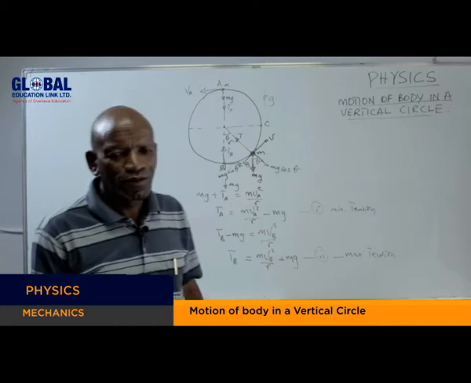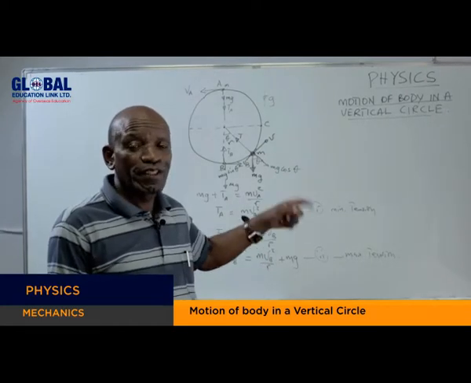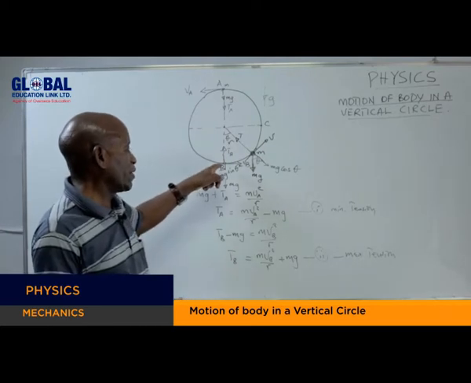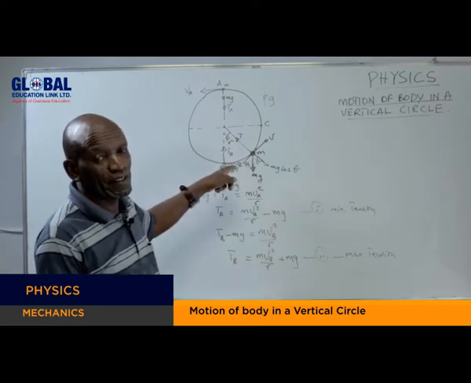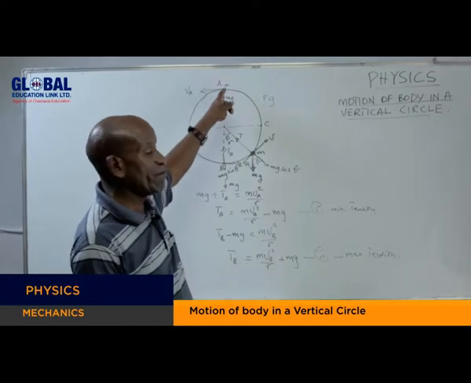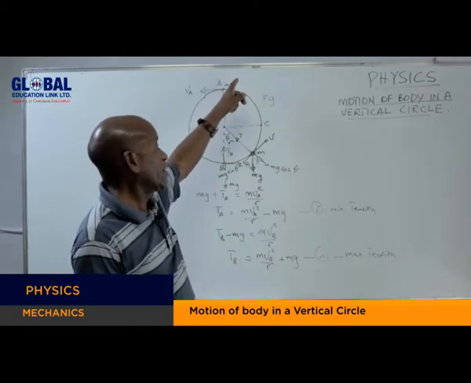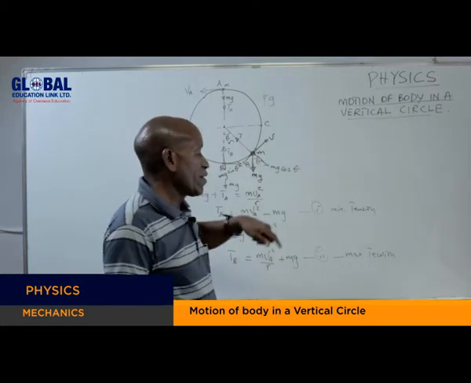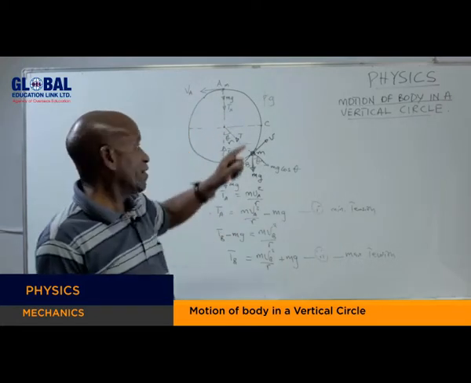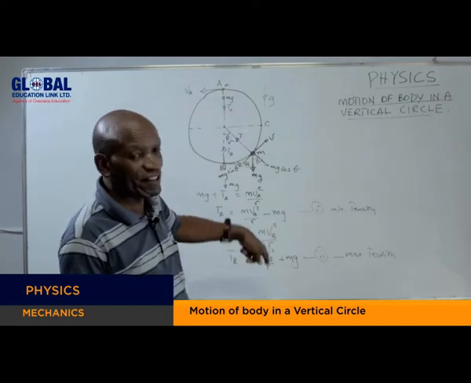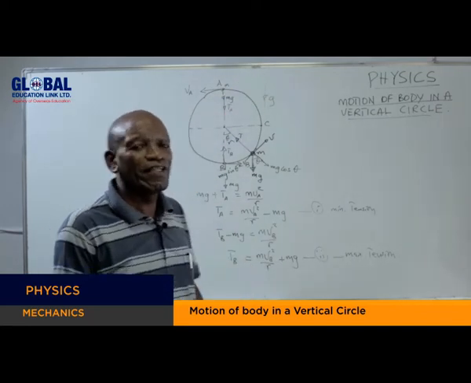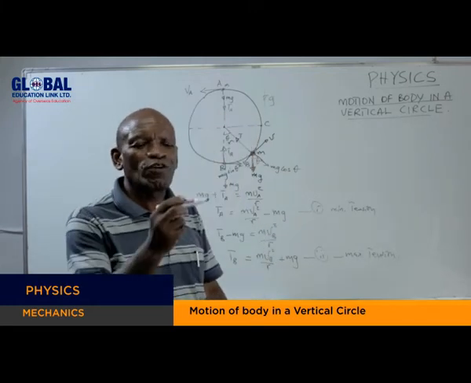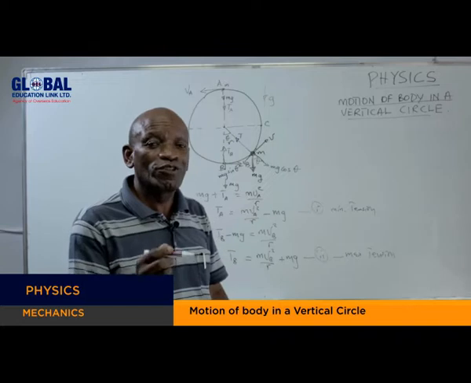So having obtained the maximum tension in the string, which occurs whenever a body passes at the lowest point, and the minimum tension whenever a body passes at the highest point in such a vertical circle, with g acting vertically downward, you can understand that this kind of circular motion is not uniform.